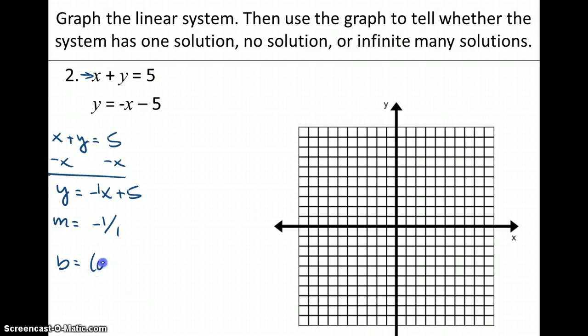And my y-intercept is 0, 5. So b is still where I begin. I'm going to begin at 5 and place my dot. And from here, I'm going to go down 1 and right 1, down, right, down, right, down, right. Then you're going to connect them.